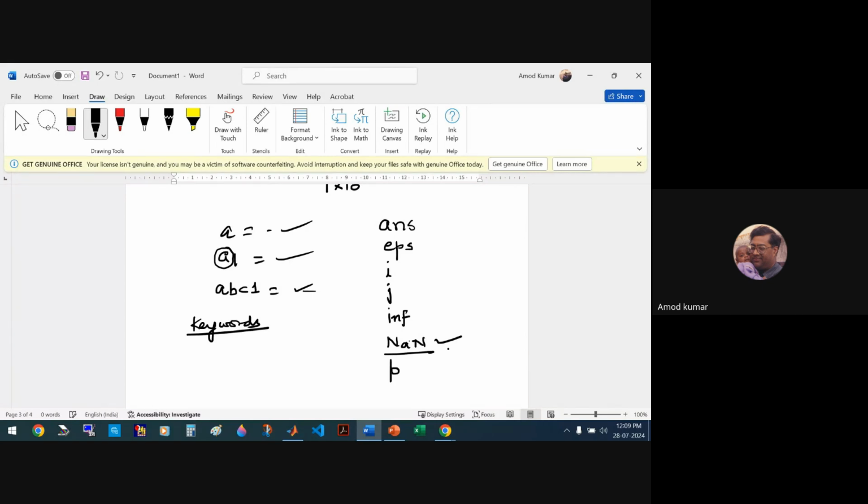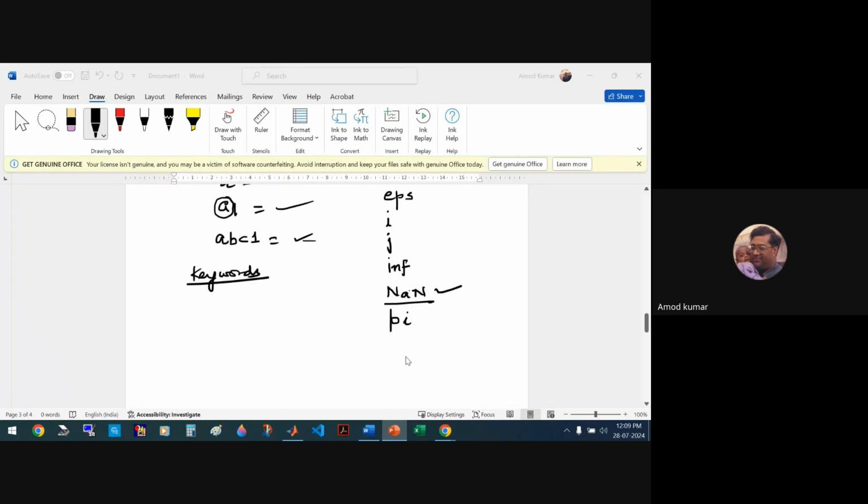Then I have already told you, pi. These things you cannot use. Other than that, you can use anything. So this is what I wanted to tell you. Then what are the different operators which are allowed by MATLAB?